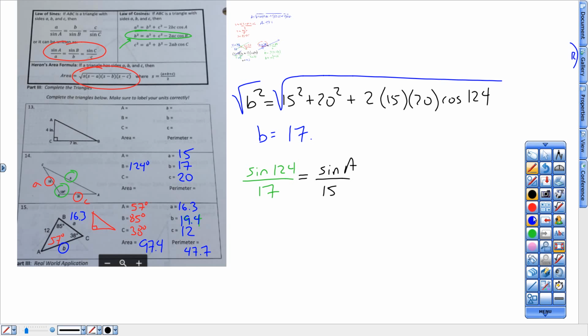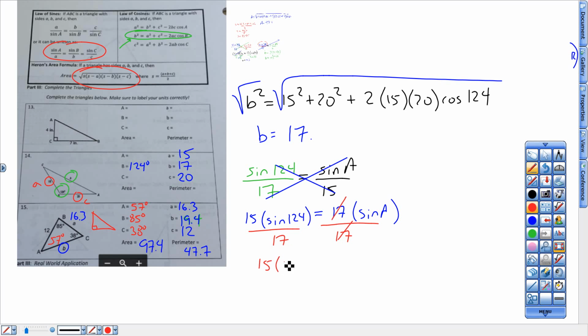So again, when I crisscross this one, I get 15 times sine 124. And on this side, I get 17 times sine A. So technically, I need to divide by 17 right there, this whole mess. And then I'm going to inverse sine it. And that should give me what angle A is.